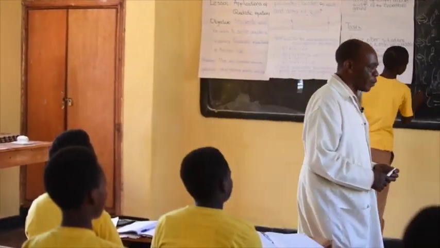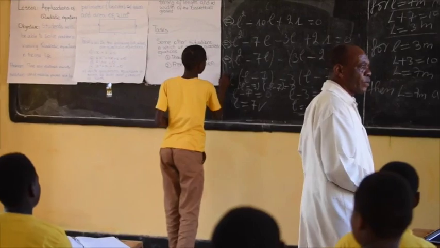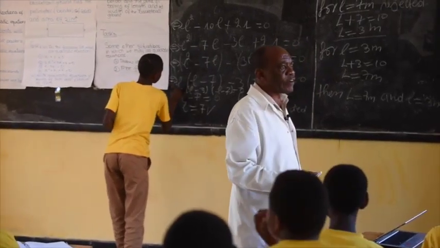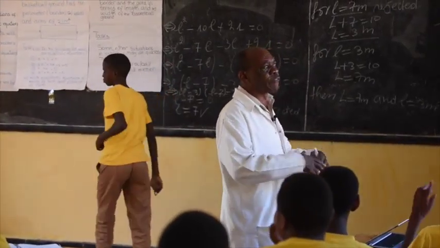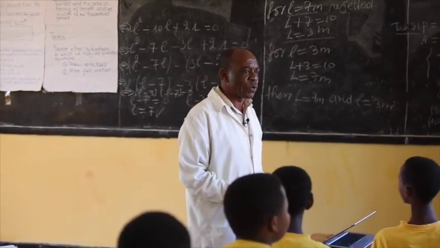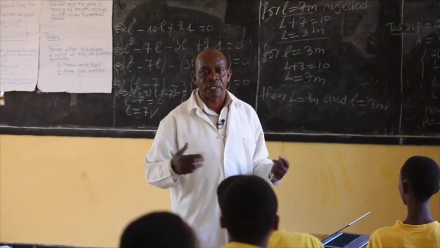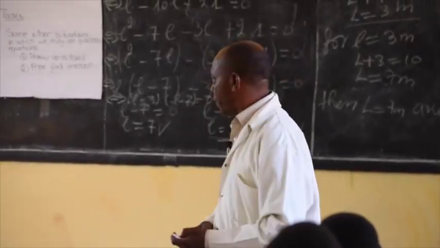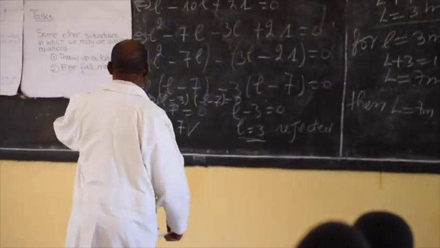Now, as we have solved our problem, we are at the end of our lesson. We can now look for, in our daily life, other situations where we can use quadratic equations. We gave you 2 examples here.